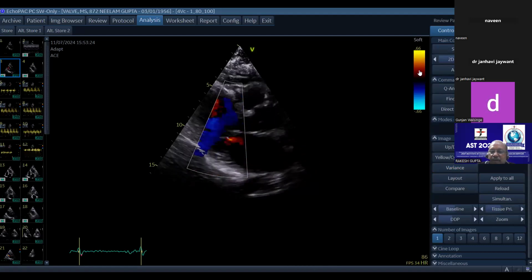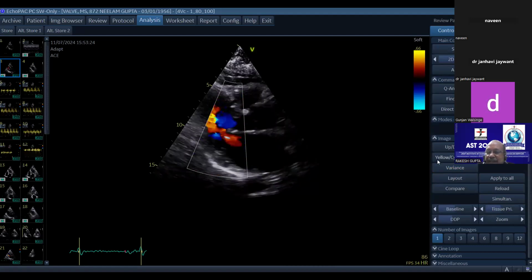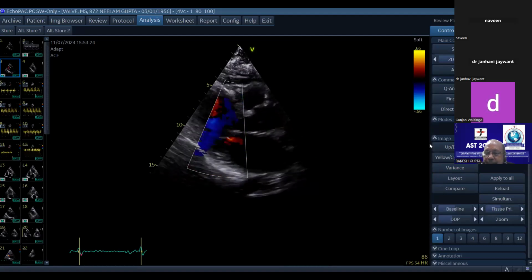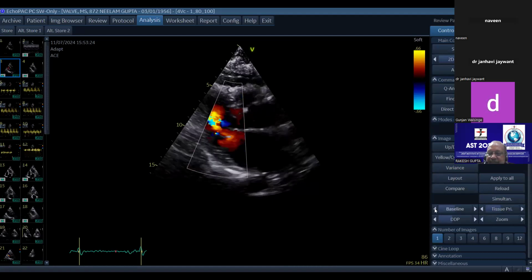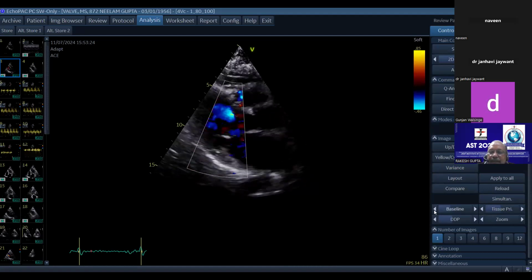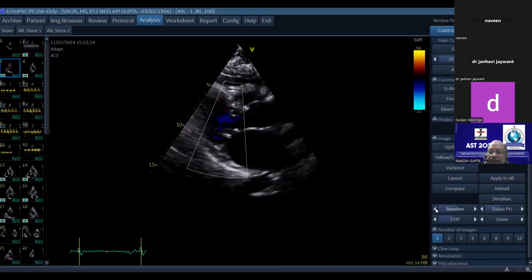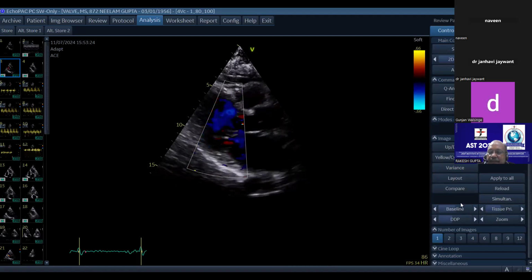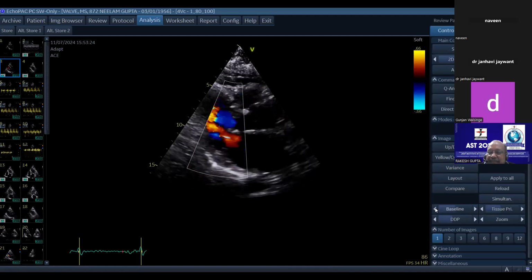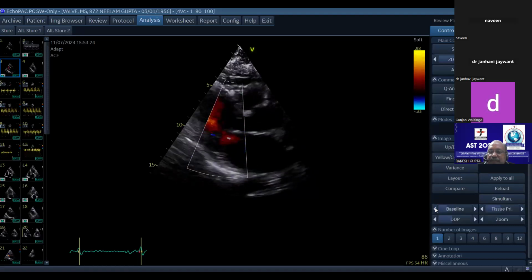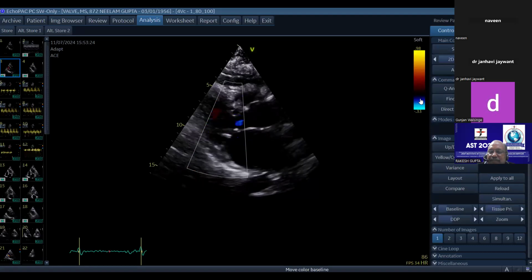So this is now the enhanced color map. I hope I can reduce the scale of this enhanced color map. Look, this is baseline variability, and I may move the baseline down, so this becomes a Nyquist limit.